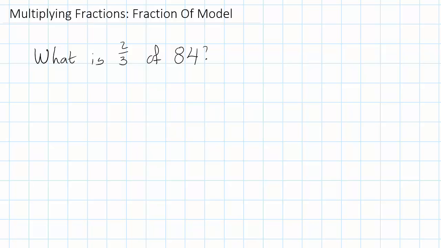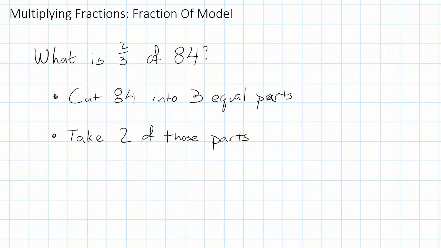And we understand 2/3 of 84 in much the same way that we understand 2/3 of a pizza, right? We cut 84 into 3 equal parts, and then take 2 parts like that. Okay, well, how could we cut 84 into 3 equal parts?